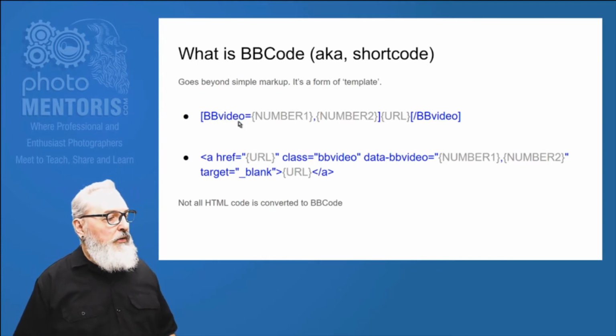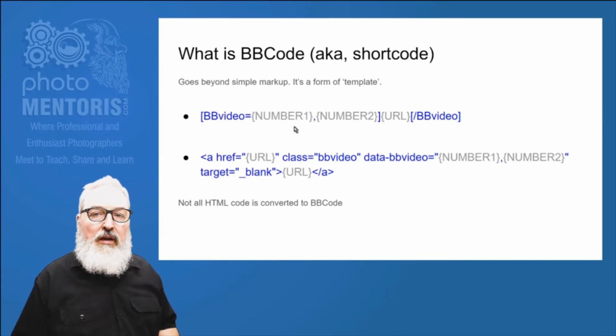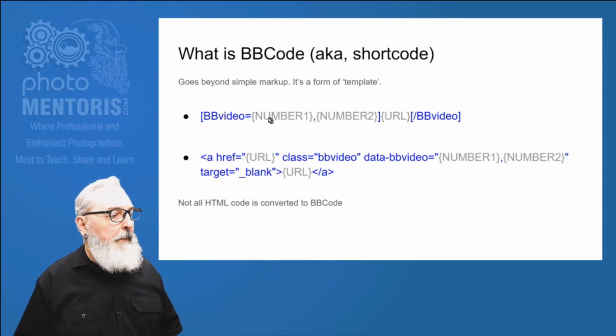The BB video is the shortcode in square brackets, and the equal sign, and then you have the sections here in gray that would be text or information that you, the user, would put in to give a little more information to the BBCode.